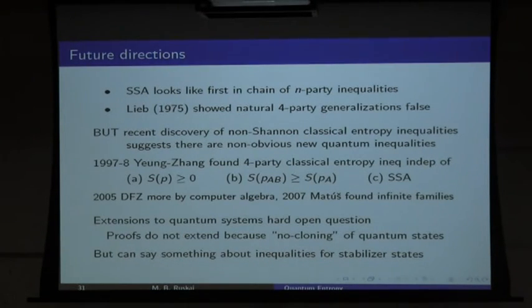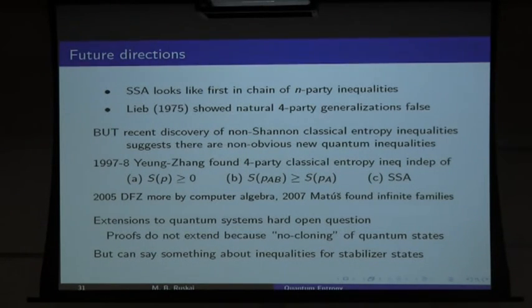Let me mention briefly, strong subadditivity looks like the first in a long chain of n-party inequalities, and Lieb basically showed that the natural generalizations were false. However, a recent development in classical information theory is that Yeung and Zhang have found new four-party inequalities that are independent, what they're called non-Shannon inequalities, and there's a whole industry of this which I will skip over.